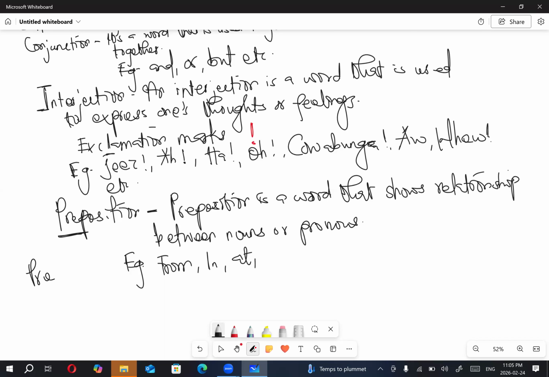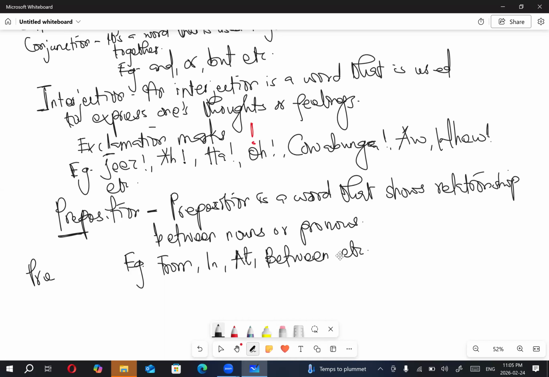Then between, and so on and so forth. Under, okay? Under is a preposition.